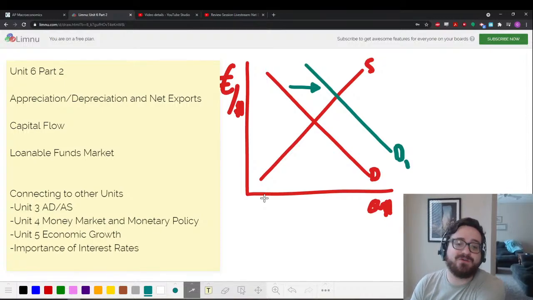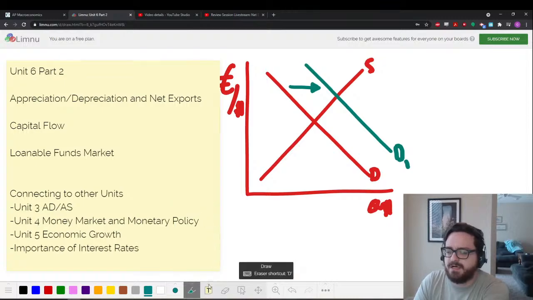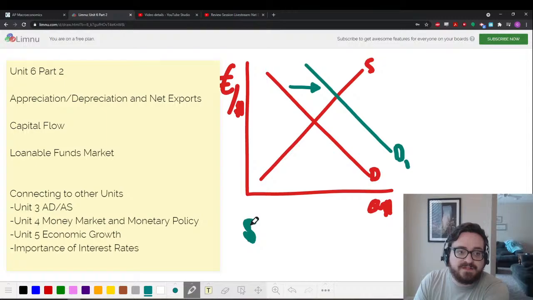Where there's now a greater overall demand for dollars internationally, that foreigners want to purchase more American goods and therefore will need the American currency to do so, therefore creating a larger international demand for the dollar. Now, when that happens, again, this is based off of what I said in Tuesday's video, we would say in this example that the dollar is appreciating.